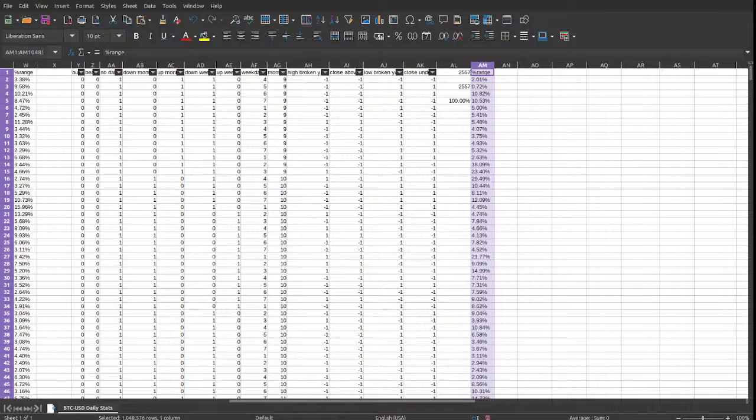I'm still writing this down by hand, by the way. Bear market. We take our highs. We have our follow through. Take low. Follow through. We have taking both, and taking none.